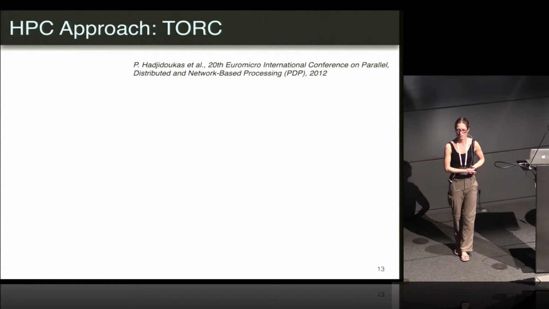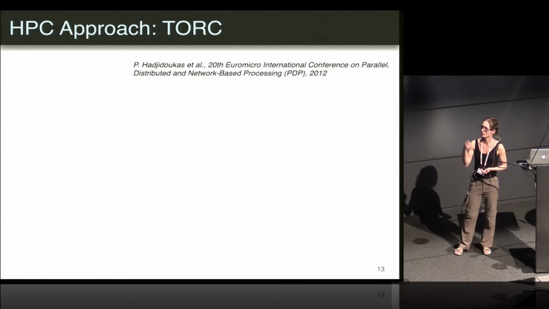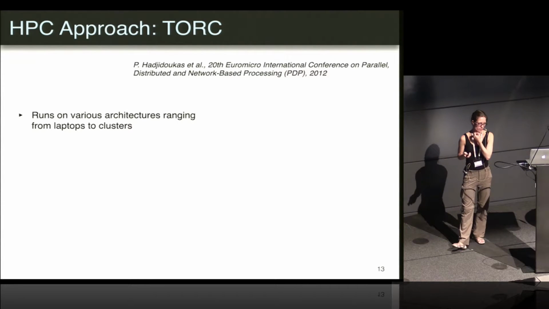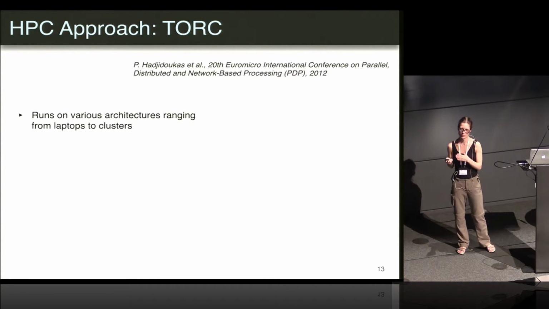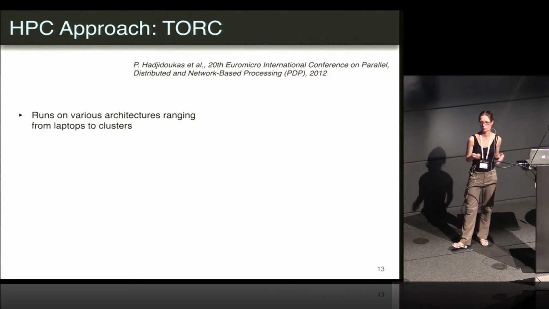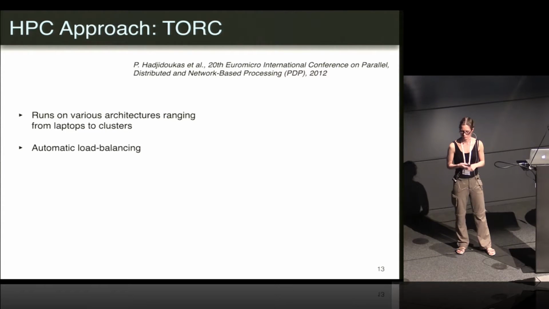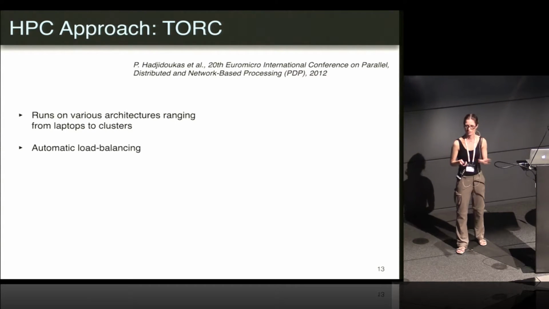So we deal with this with a library which was written by Hadjidoukos and others, and the library is called TORC. So this exploits task-based parallelism, and it can run on various architectures from laptops to clusters. It provides automatic load balancing within the library, so the user doesn't care about that.